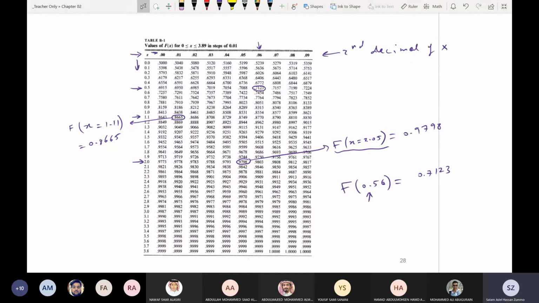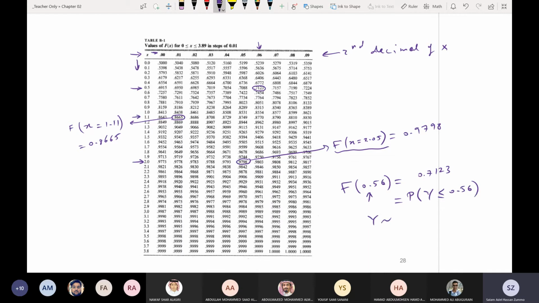What does it mean? So now, what is this? This is equal to F of 0.56. What does it mean? It's the probability that x, or let's call it y so you don't confuse x and y, y is less than or equal to 0.56. And what is y?